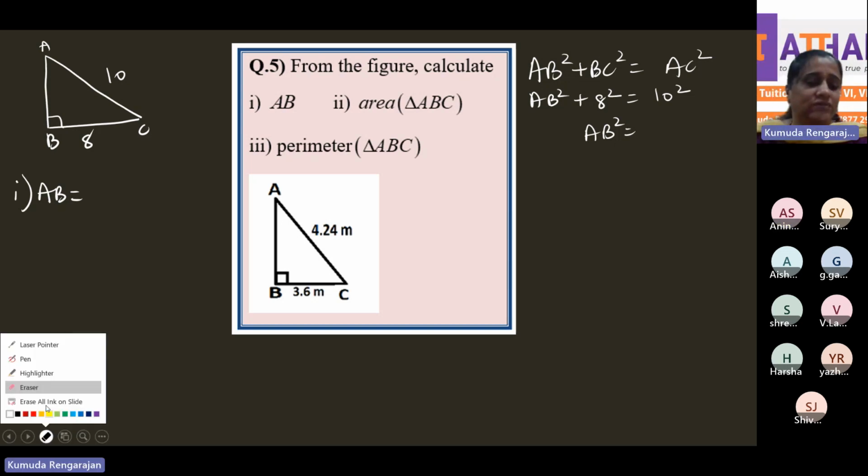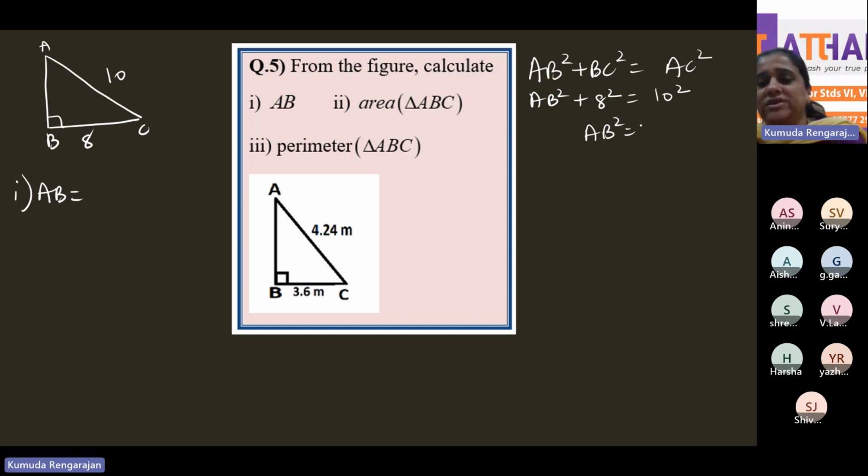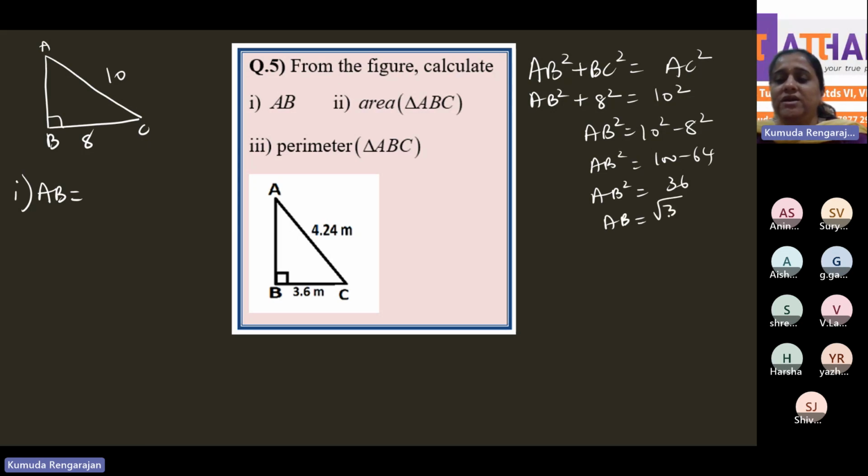So AB square is equal to 36. AB is equal to the square root of 36. AB is equal to 6. What if I say centimeter here? It's going to be 6 centimeter. So this is how we find AB.